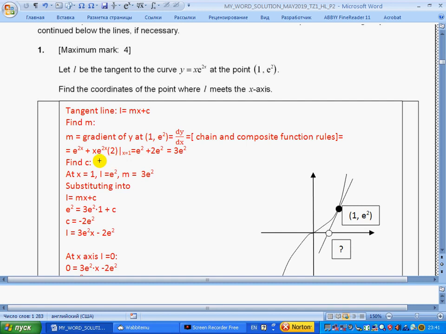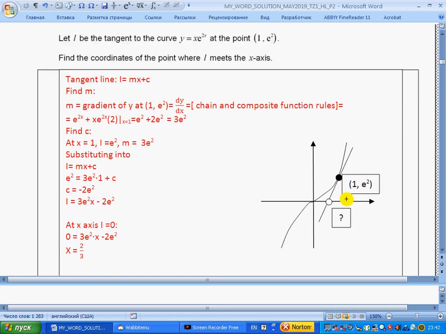First we find the derivative of e to the 2x, then the derivative of 2, and we find this gradient at point x equals 1, where we have the intersection of these lines. So the gradient is 3e squared. To find c, we substitute the value of our tangent line at this point, 1, e squared, and we find that c equals minus 2e squared. So this is the equation of the line.